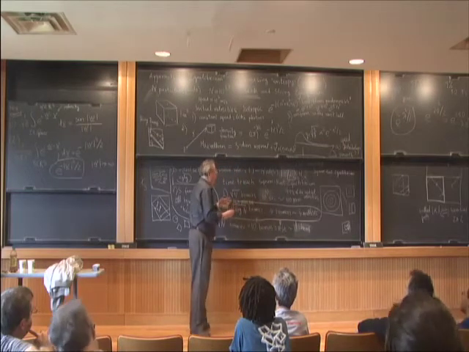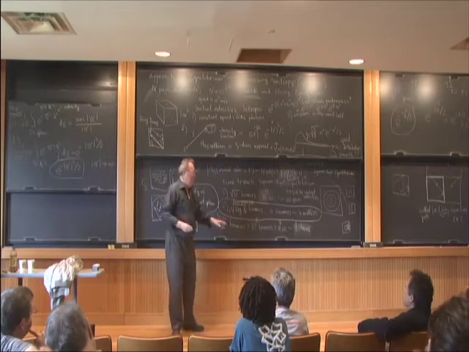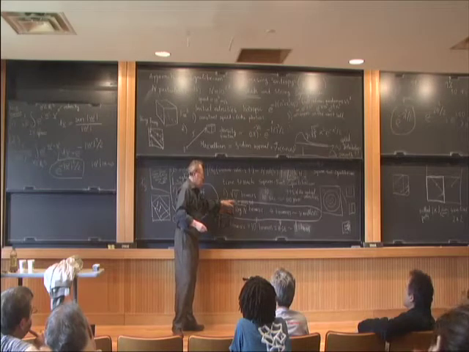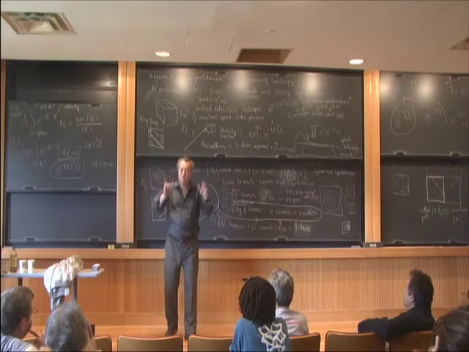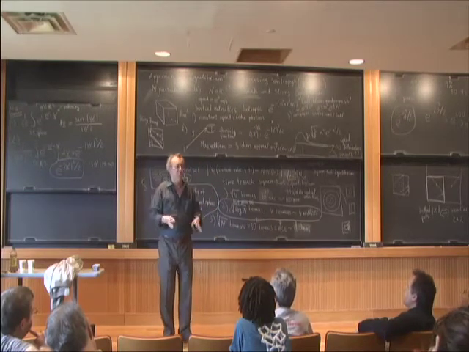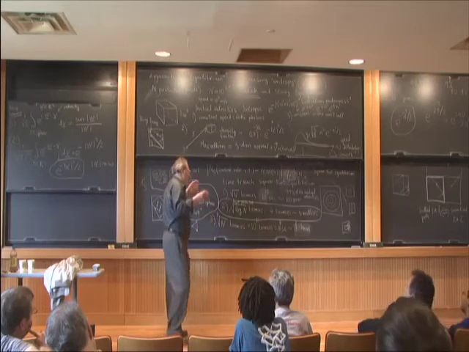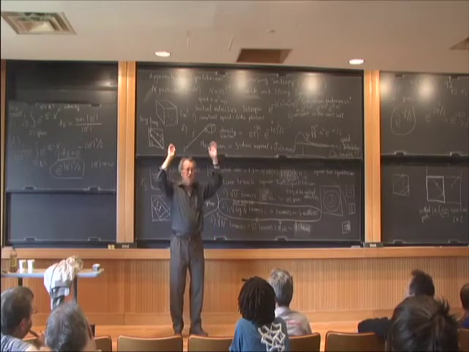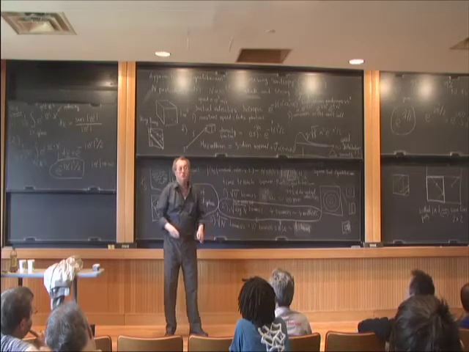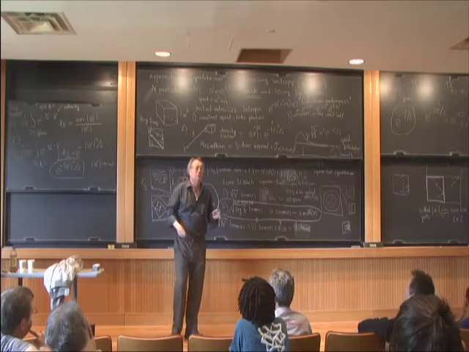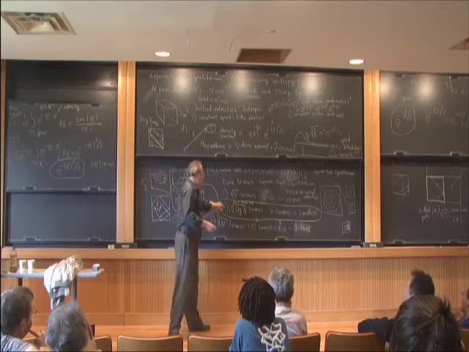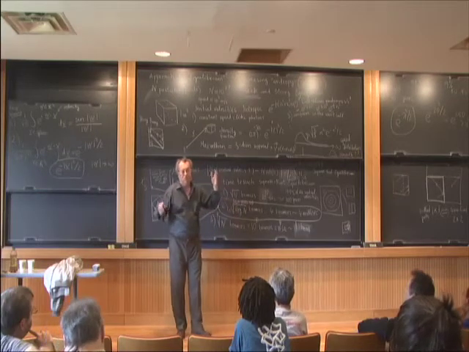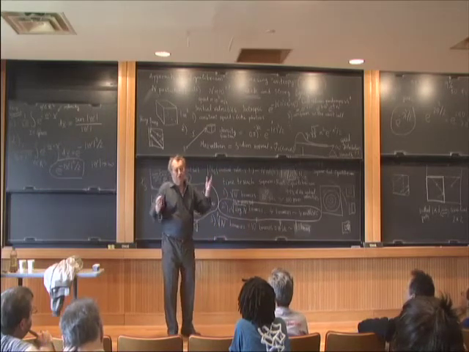I don't know what the best constant is, but you do need square root log n bounces. If n is really huge, like 2 to the 2 to the 2 to the 2, then square root log n is still 2 to the 2 to the 2.